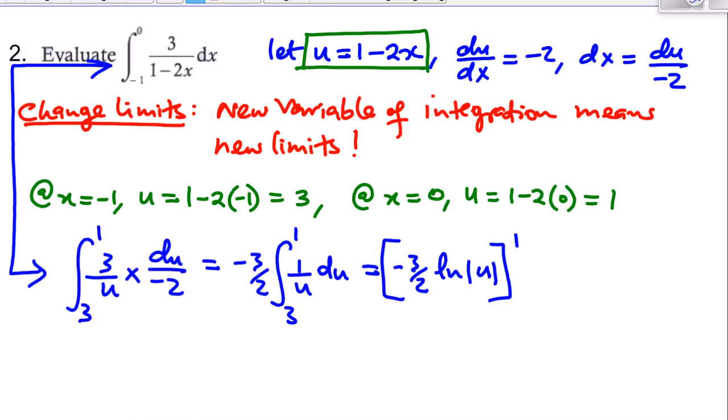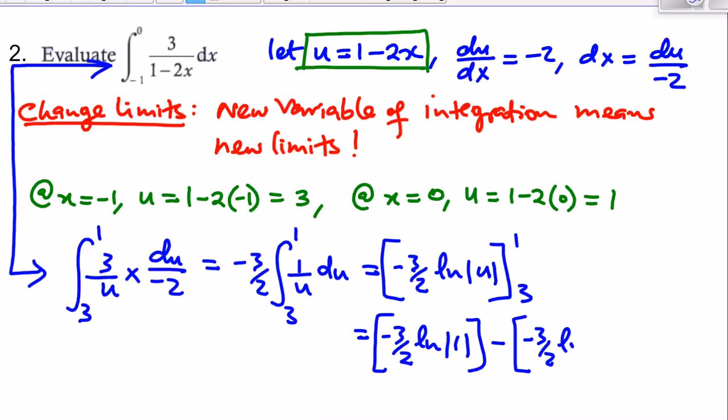Don't forget to put in the limits. And then we substitute in the limits. So negative 3 over 2 ln 1, minus negative 3 over 2 ln 3.